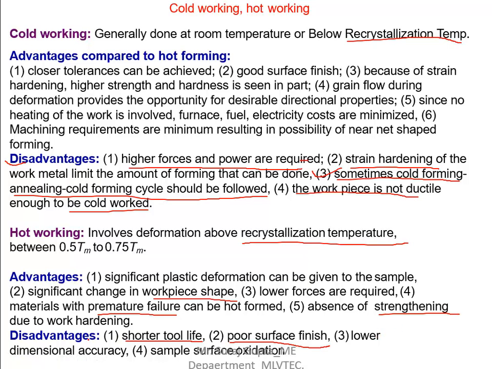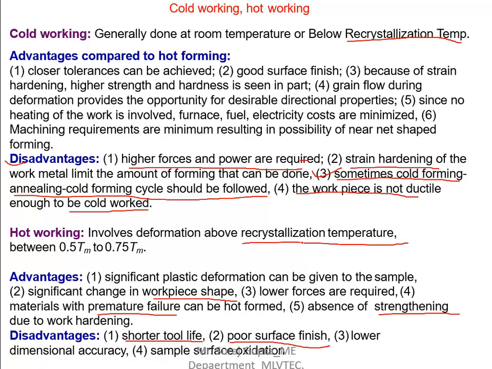The second and third points are the same, because the surface finish is not as required, so the dimensions will also change because of the high forces applied on the material, and the material deforms very drastically, so we cannot get that much accuracy. Next is surface oxidation.